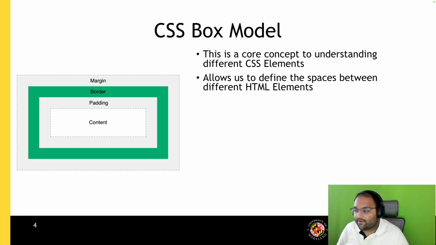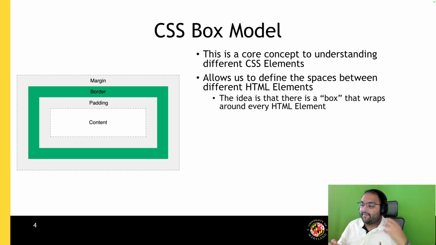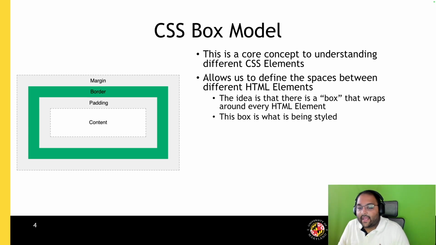You'll see on the left-hand side here that there's a box, and we'll go over each of the portions of this. But basically the idea is that there is this concept of a box that wraps every single CSS element. Think about an HTML paragraph: there's a box around that paragraph. And basically what's being styled is the box, not necessarily the content, but the box, right?